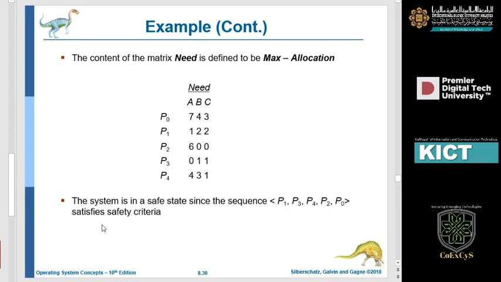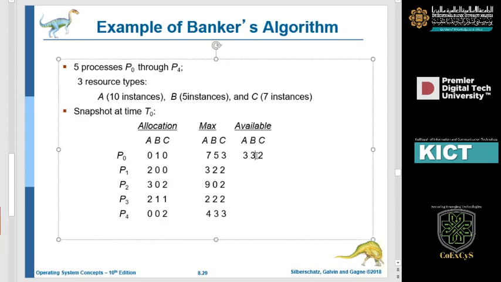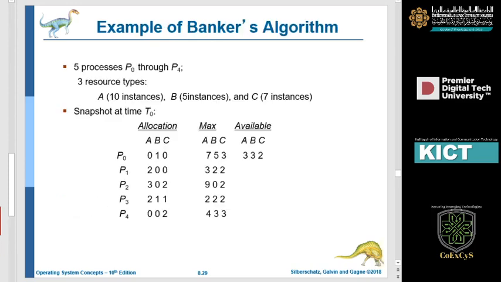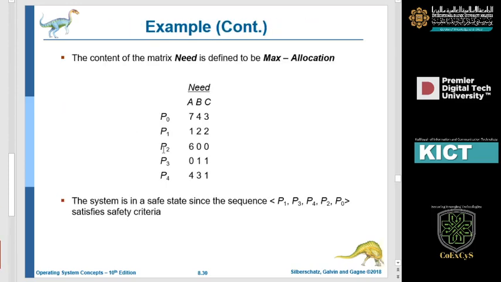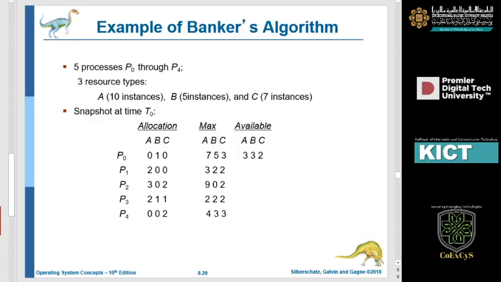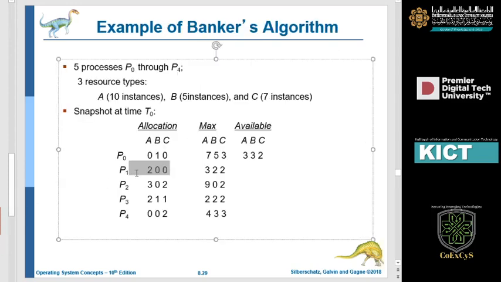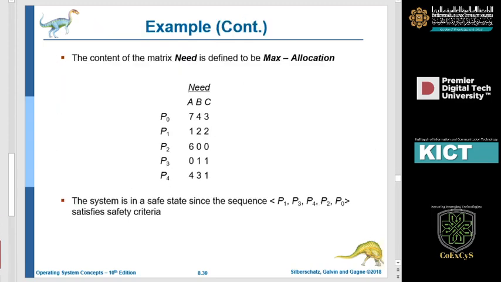So if we look at 3 3 2, we can allow P1 to run, because 3 3 2 is still greater than 1 2 2. And so on. So if P1 gets to run, P1 finishes and it will release all the resources that it was allocated.